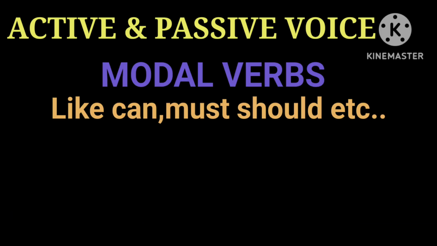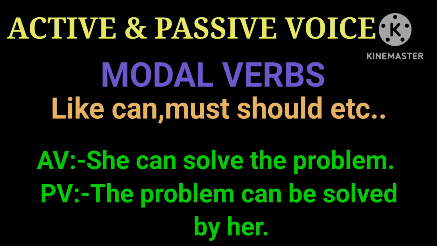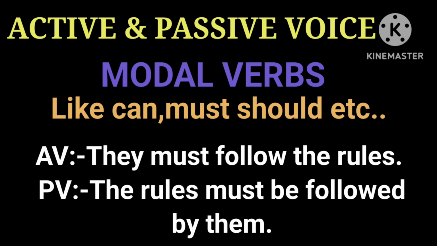Come to modal verbs like can, must, should, etc. Active voice: She can solve the problem. Passive voice: The problem can be solved by her. Here we should add be after the modal verb. Next example, they must follow the rules. The rules must be followed by them.